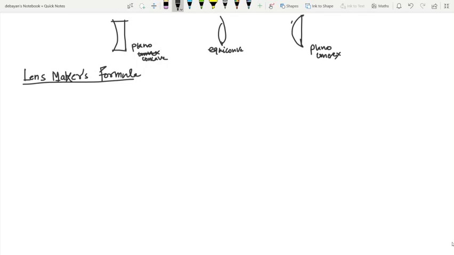So a lens is there, and this is the principal axis.